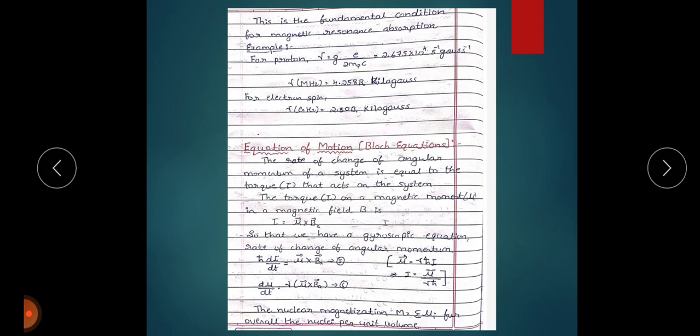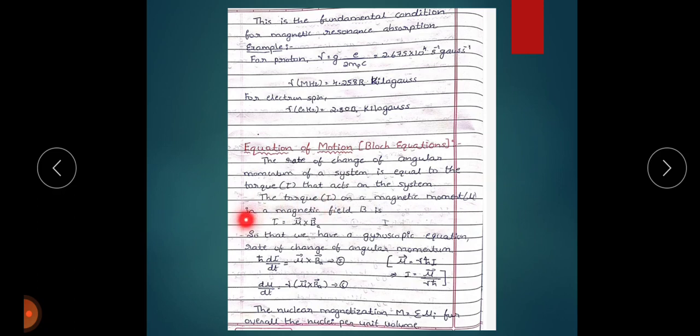So we have a gyroscopic equation: the rate of change of angular momentum, that is h cross into dI by dt, is equal to the torque.